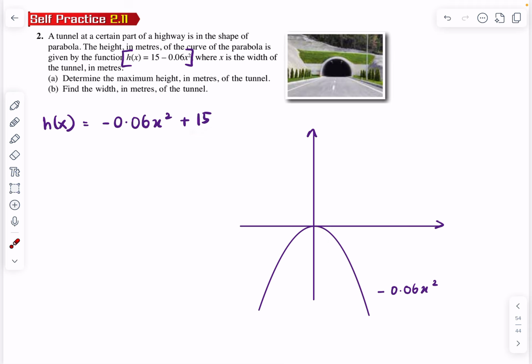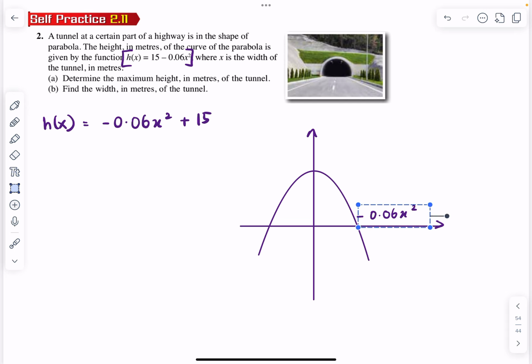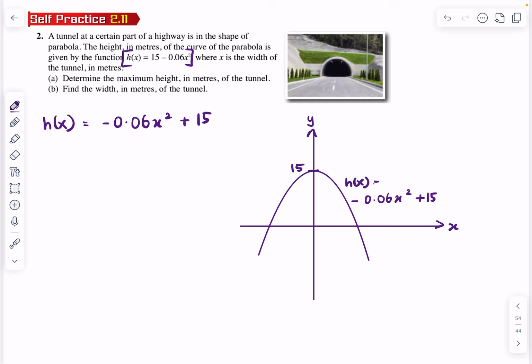So plus 15 means the whole graph is going to move up by 15 units. So this will be negative 0.06 x square plus 15. So this will be 15 here. This is how to draw the graph. This is our graph of h(x). Done.